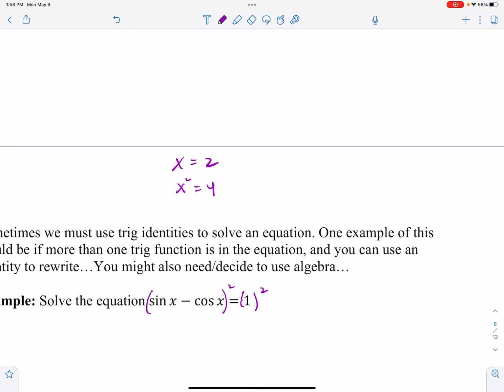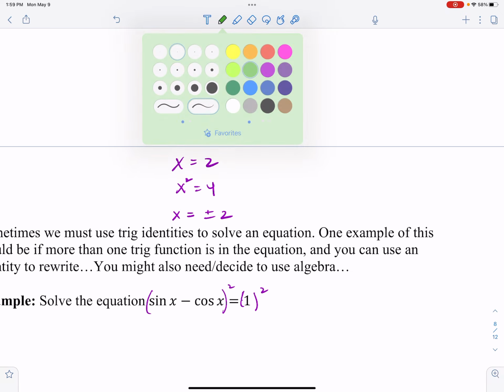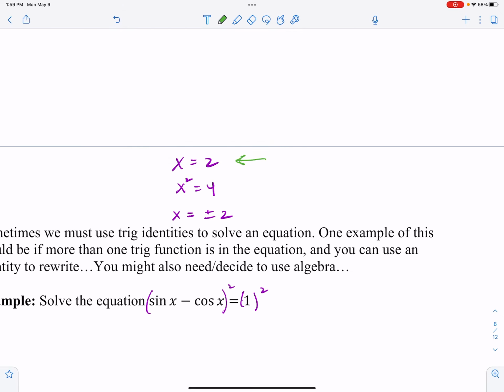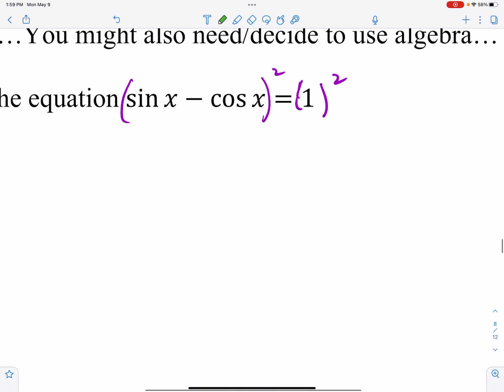Well, then if you're coming up with the solutions, just looking at the equation x squared equals 4, you go, oh, well, x would be equal to ±2. But then in referencing that first equation, x is only actually equal to 2. -2 would be what we call an extraneous solution, a solution that doesn't make sense. So when you try squaring both sides of the equation as a method for trying to solve your equation, you just need to make sure that you check for those solutions that aren't actually solutions.